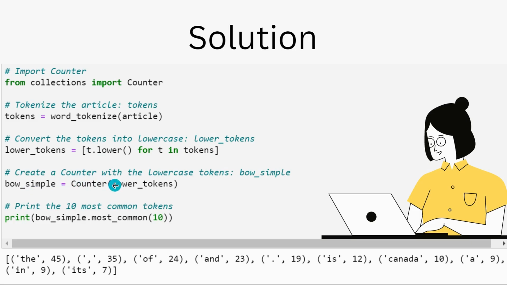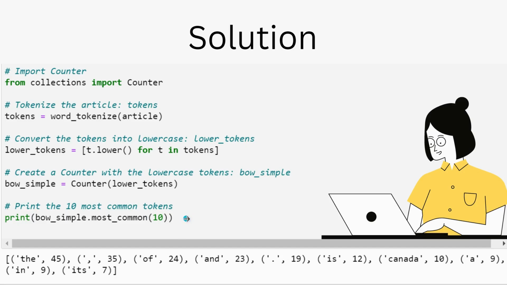Then create a counter with the lowercase tokens. bow_simple is a variable that contains the Counter, and within the parentheses as an argument I'm passing lower_tokens. Lower_tokens is nothing but the lowercase tokens, right? Then we are printing the 10 most common tokens.